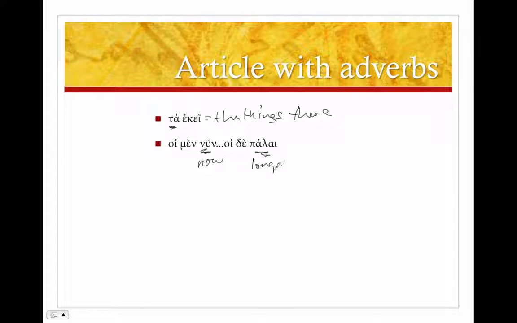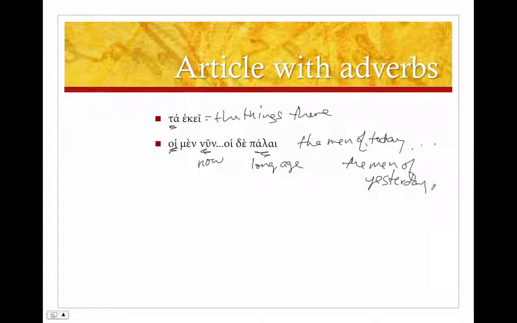And hoi, there's our article, so it's the men of today, literally the men of now, versus the men of long ago or yesterday. So even adverbs can serve the purpose of modifying this substantive article.